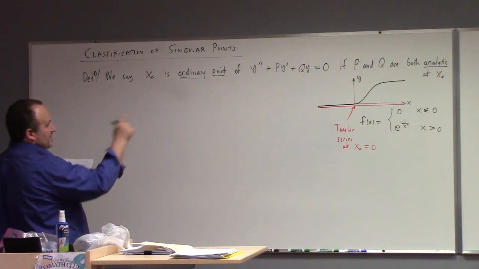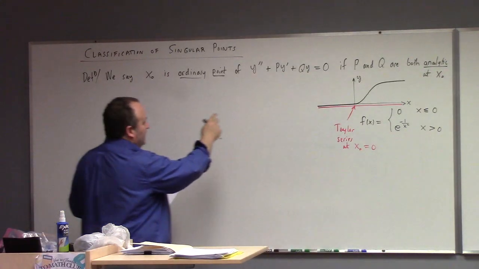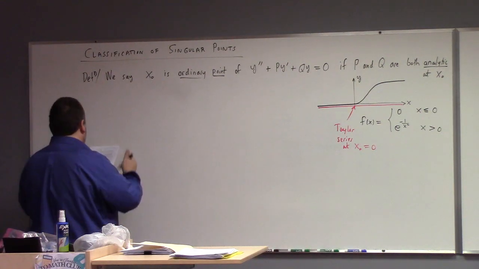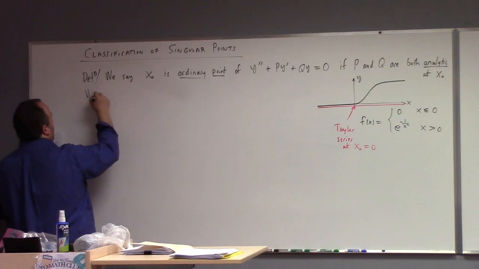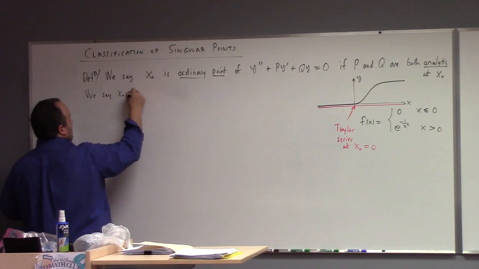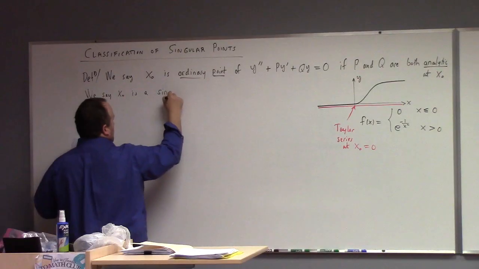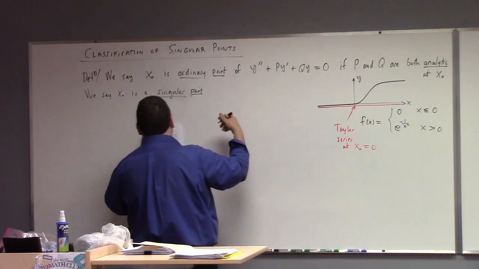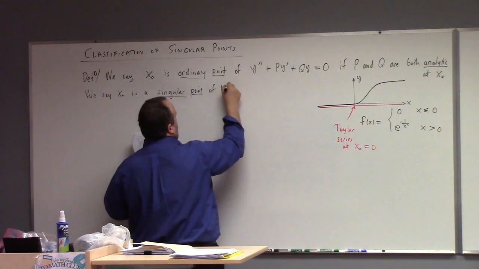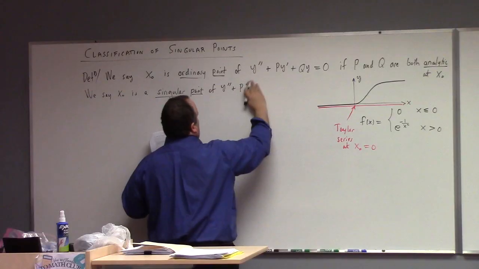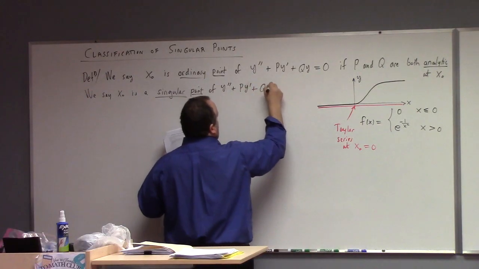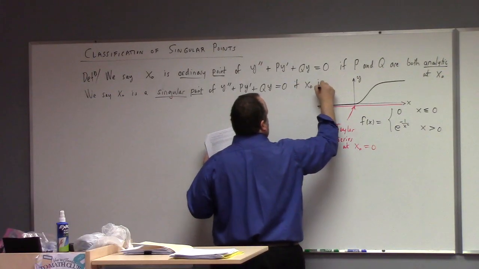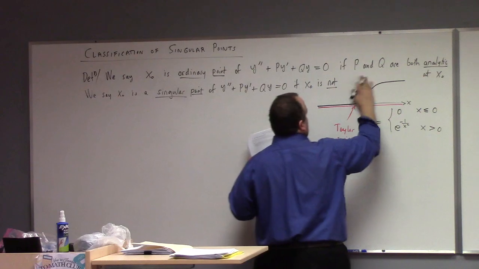Anyway, so that's an ordinary point. It just means that the coefficient functions of the differential equation are analytic. Now, we say x naught is a singular point, or sometimes we call it a singularity, of y'' + p y' + q y = 0 if x naught is not an ordinary point.